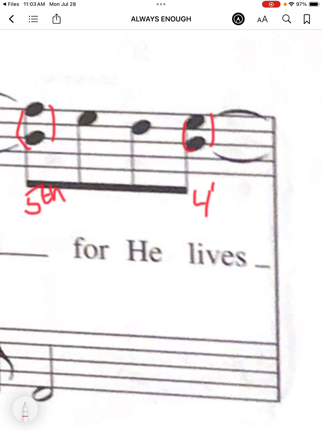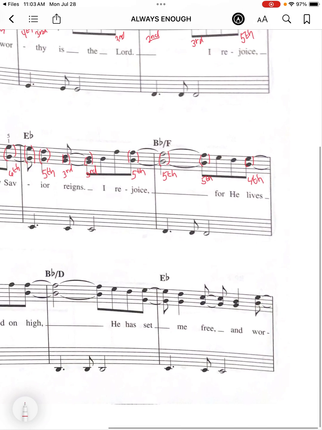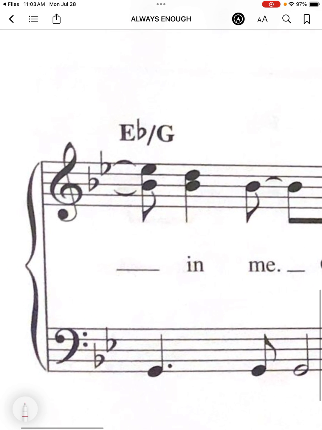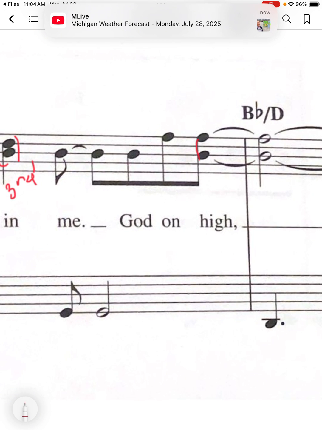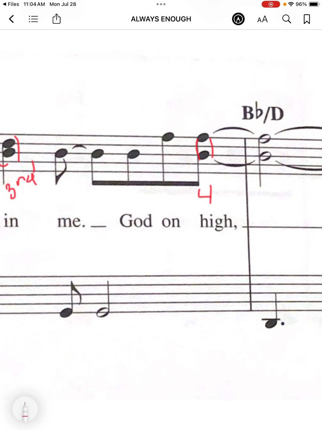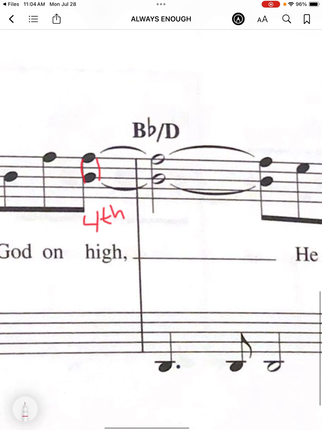Fourth on this one, okay. Then go to my bottom, it's going fourth. Third on this. And going into you, it's going to be a fourth. Fourth on you.